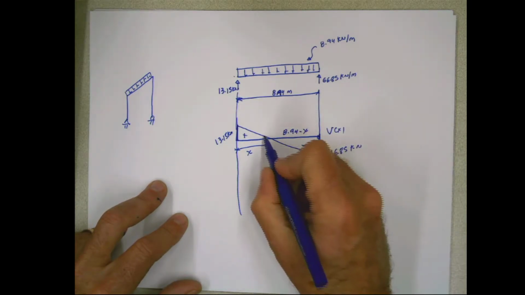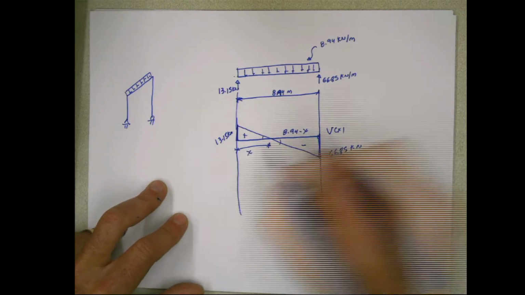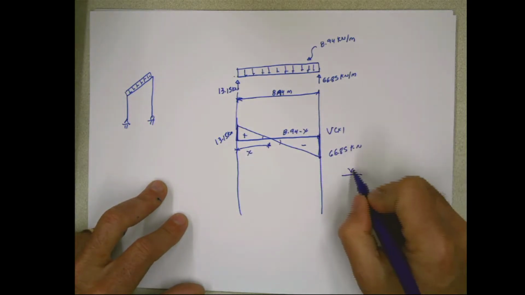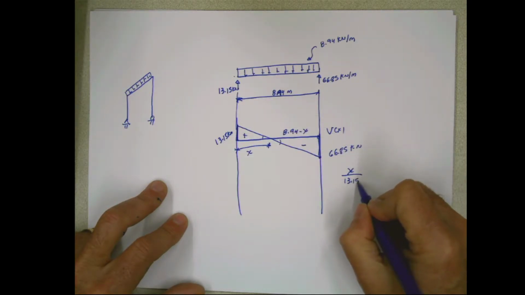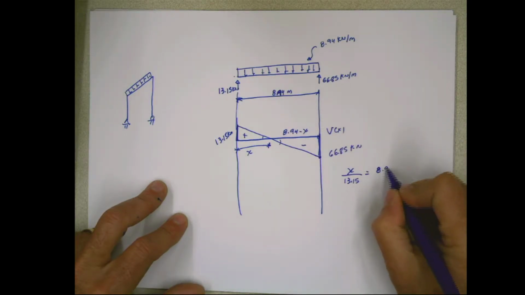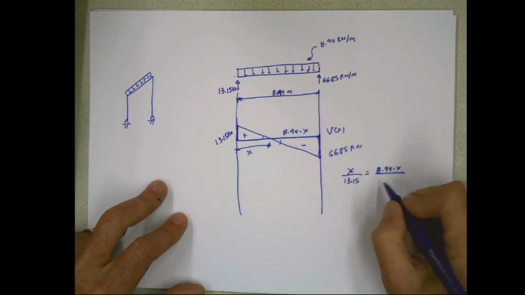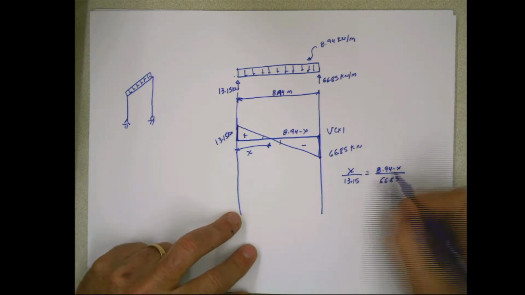And then you relate these two triangles, and you can say, okay, x is as 13.15 as 8.94 minus x is at 66.85. When you do that, you just pass this here, pass this there.